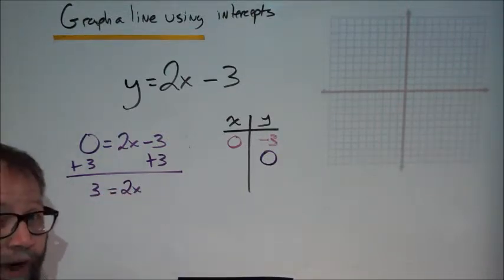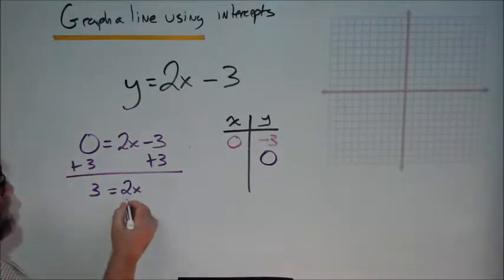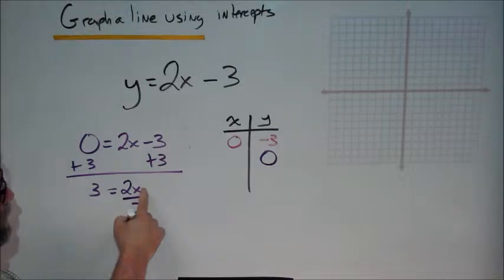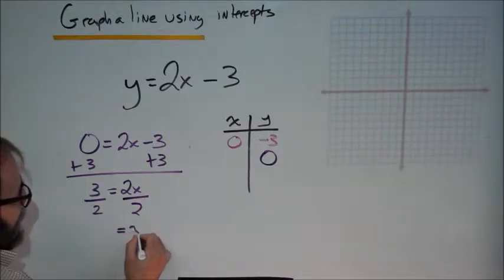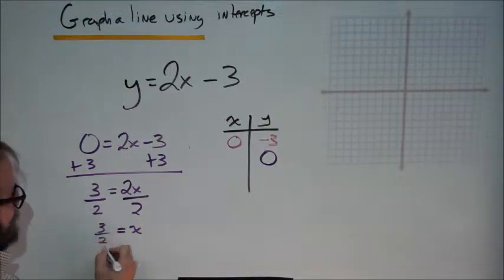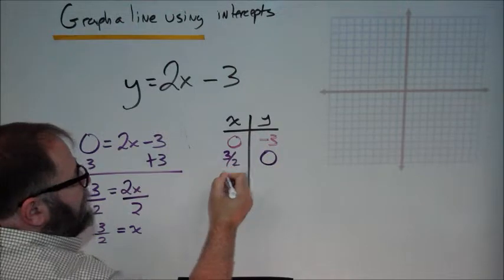And now I need to solve for x. Now don't get stuck here with the size of the numbers. Keep doing what we normally do. We want this to be 1x, so we're going to divide that by 2, divide that by 2, and get that x is 3 halves, or 1.5. So I'm going to put 3 halves here.